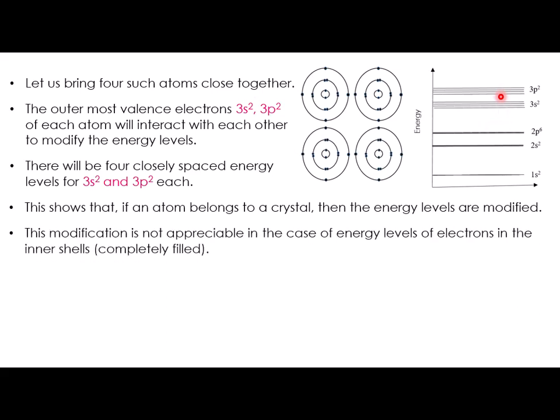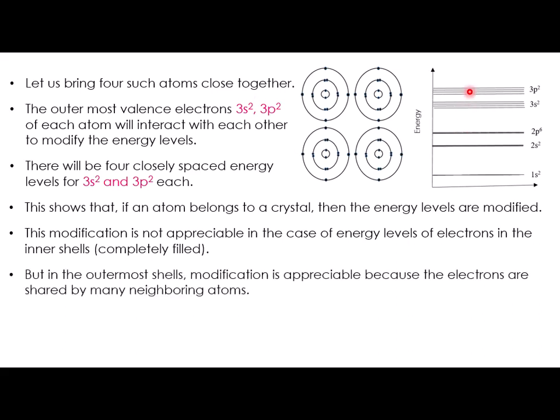Some energy levels will come down and some will go up, and they will make a band of energy. This modification is obviously not appreciable for the inner electrons, whereas it is appreciable for the outermost electrons.